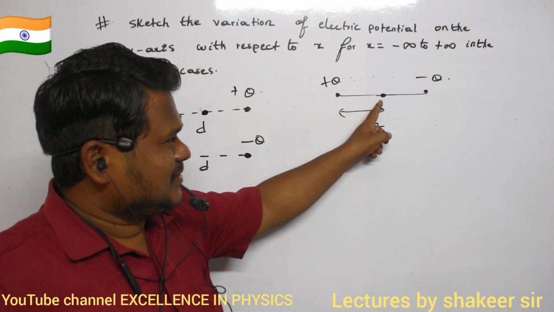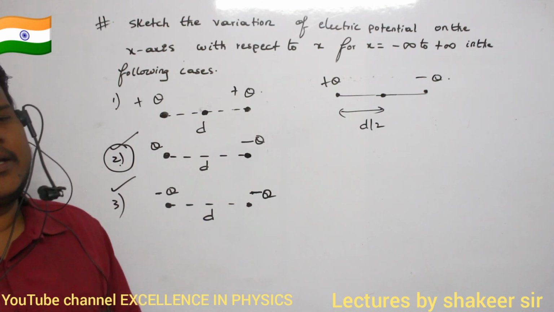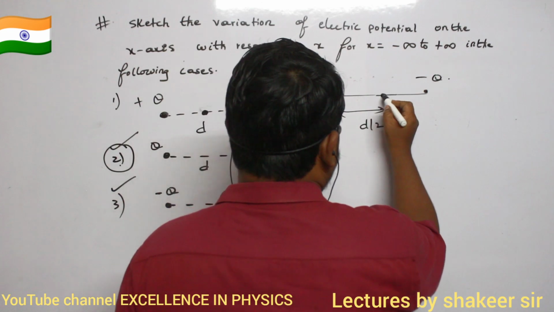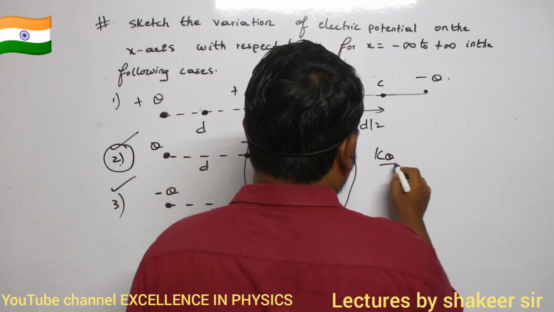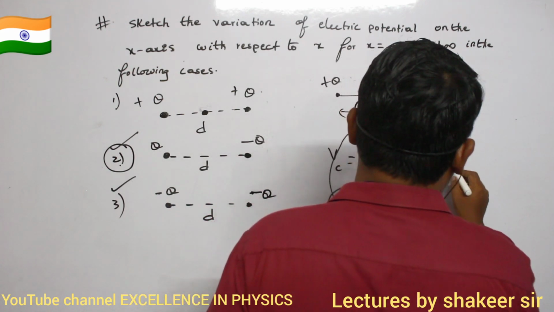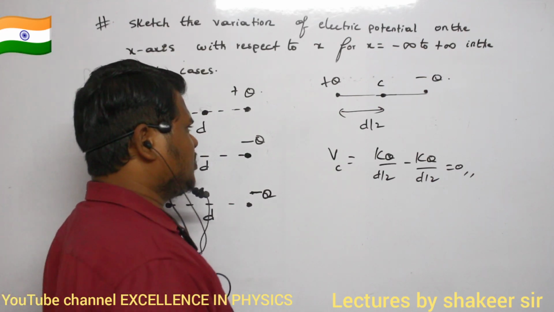It will be 0. Why 0? Potential at the center will be kq divided by d by 2 minus kq divided by d by 2, so the total potential will be 0. So one point we got.